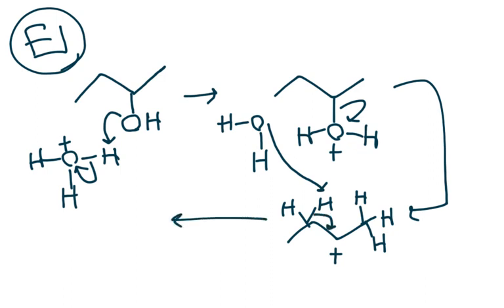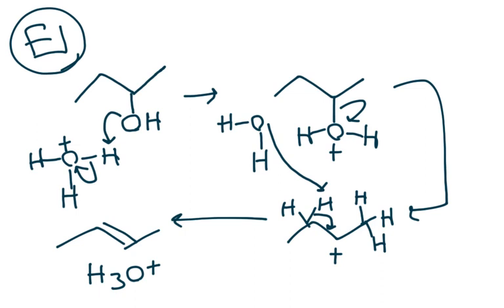And we can get a product. And we also regenerate our acid catalyst because we took the water and we protonated it, right? So everything worked out in the end.